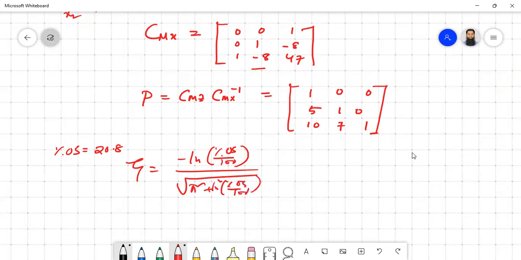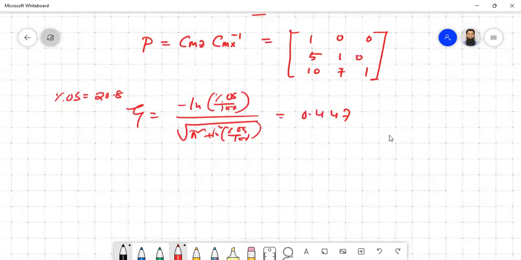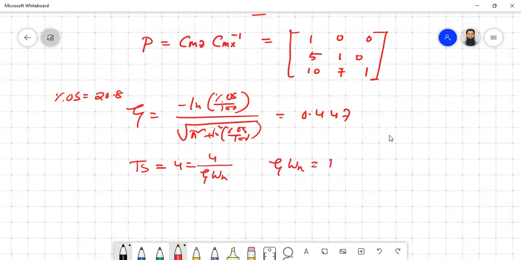It will give us approximately 0.447. And the settling time Ts equal to 4 by zeta omega n. So zeta omega n is definitely 1, and omega n you can further calculate as 1 by 0.447, which is approximately 2.237.